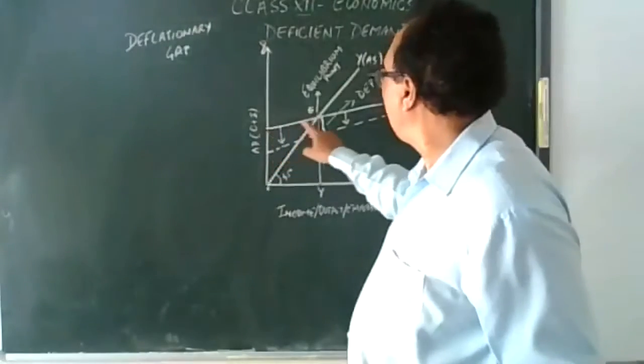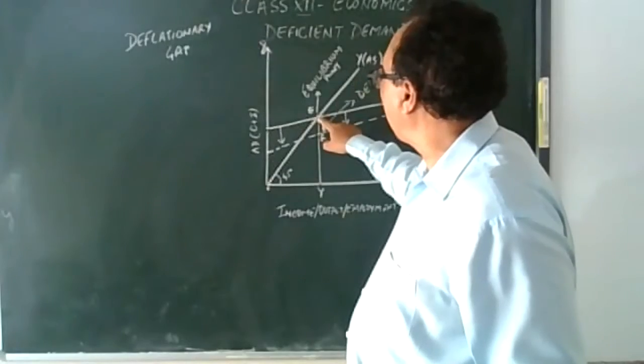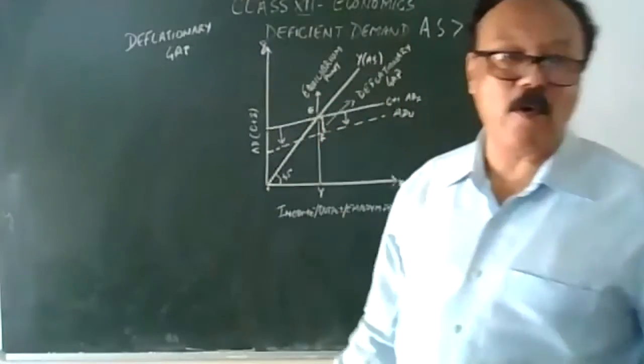The AD curve cuts the income line, and that point is called the equilibrium point.